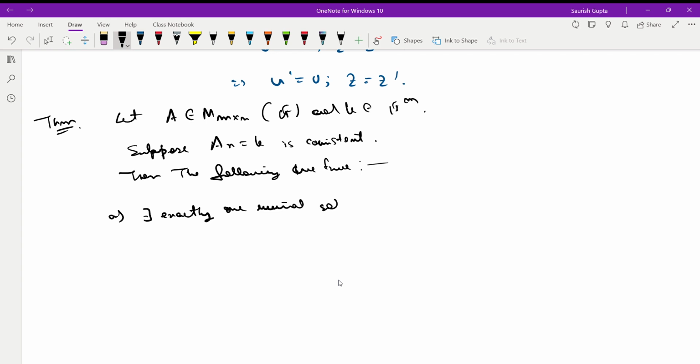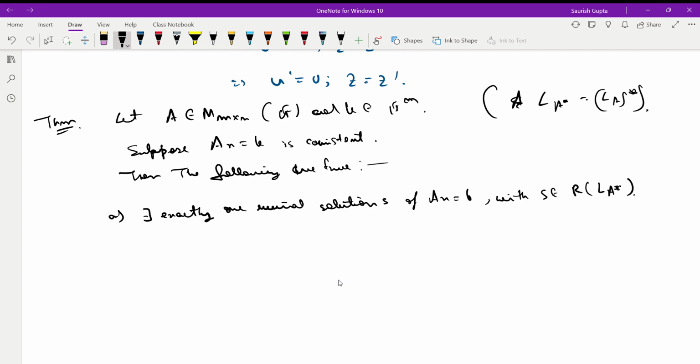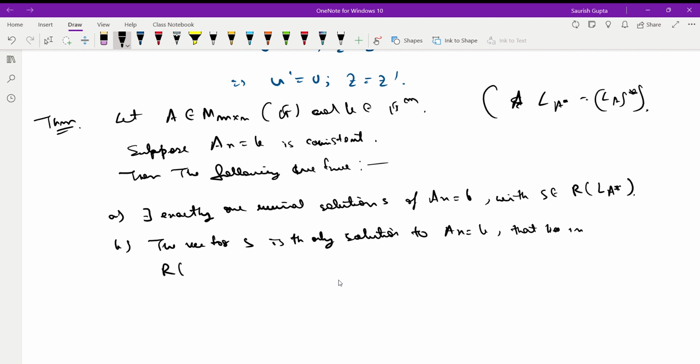Number A: there exists exactly one minimal solution S of Ax equals B with S coming from the range of the linear operator induced by the conjugate of A. Or you can talk about the adjoint of the linear operator induced by A, because we already know that LA star is nothing but the adjoint of A. Number B: the vector S is the only solution to Ax equals B that lies in the range of LA star.